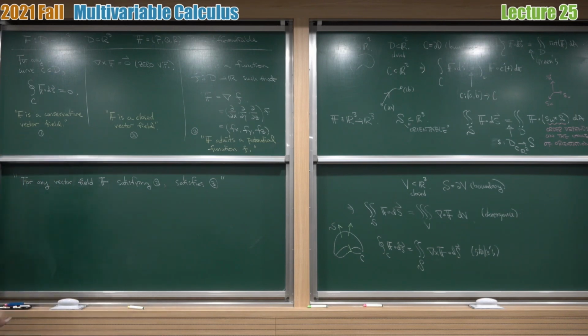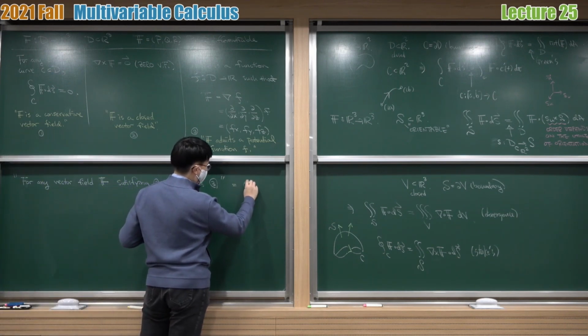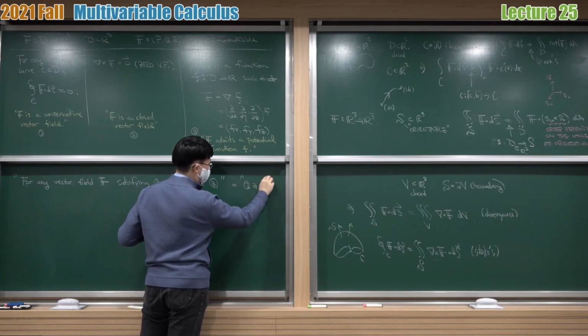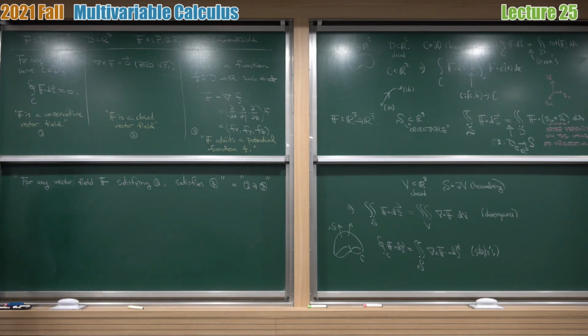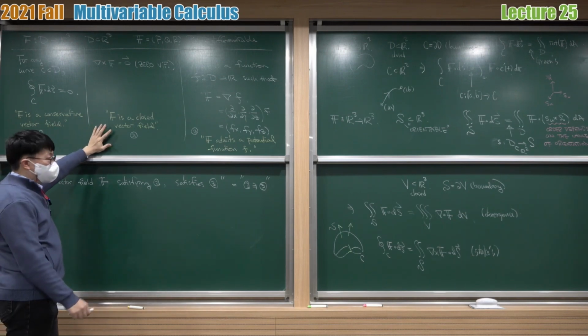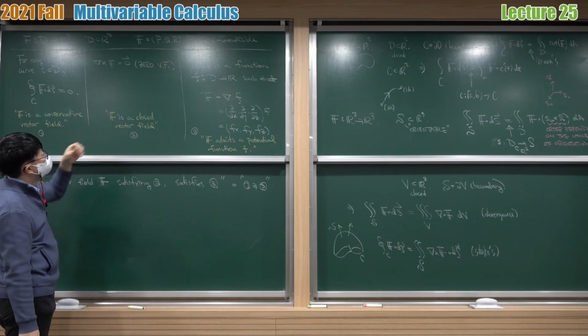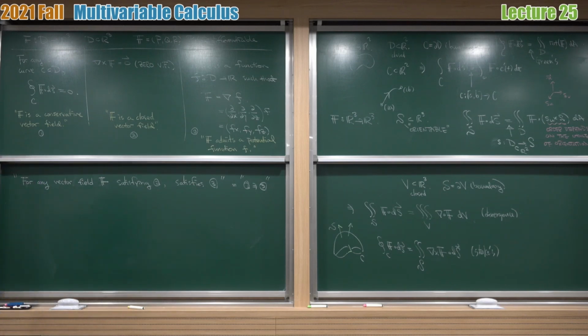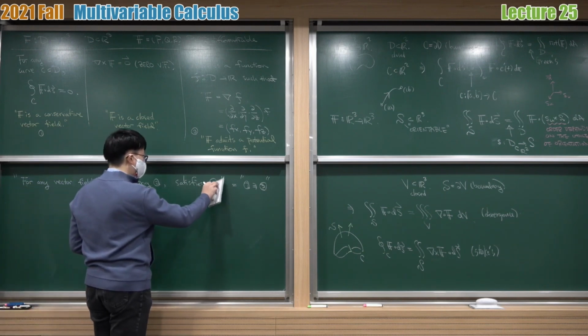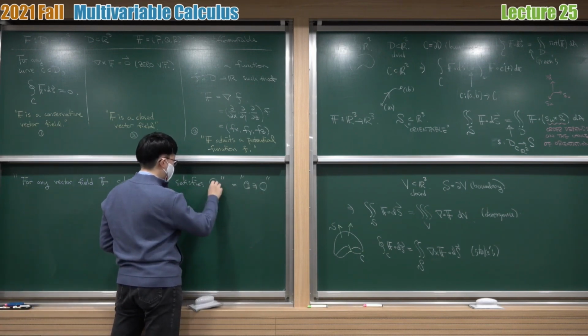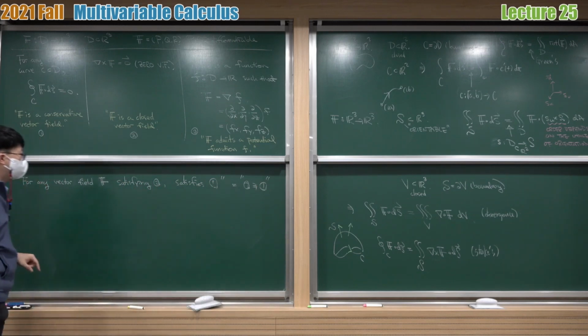I'm going to abbreviate that as 2 implies 3. Here, this is our assumption: now we have F which is closed, so its curl is 0. Sorry, maybe 1 is easier to prove. So 2 implies 1. Let's change to 1.